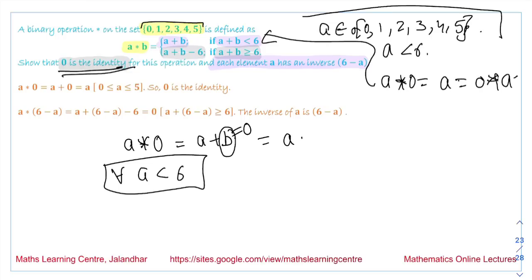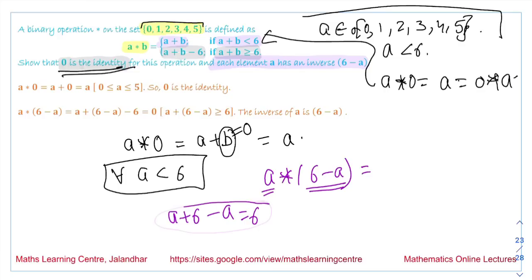Next, each element A has the inverse 6 minus A. So if we take A star (6 minus A), the sum of both these values is A plus 6 minus A, that is equal to 6. It means this value is not less than 6.